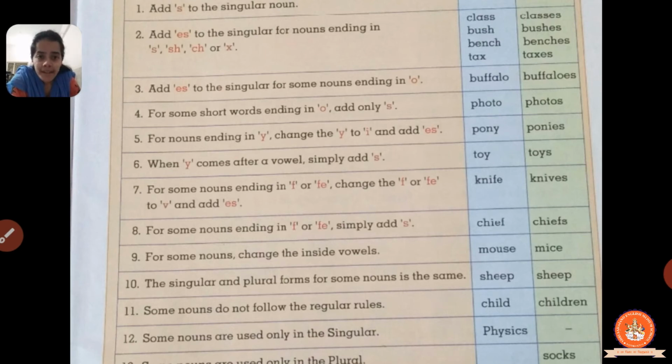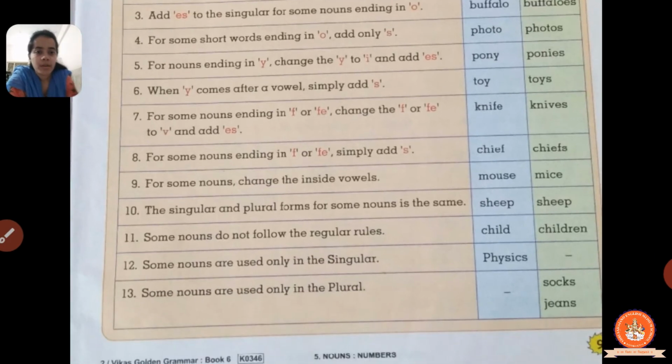We cannot add es. So for plural we write children. What they have done over here is they have just added ren at the end of the word for converting into plural. We cannot write childs. So for child, the plural form is children.